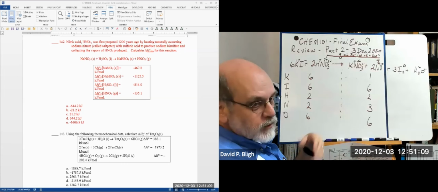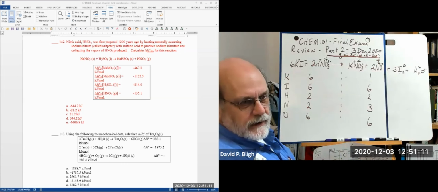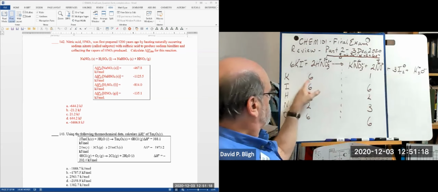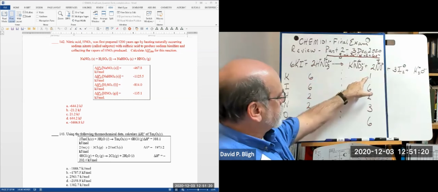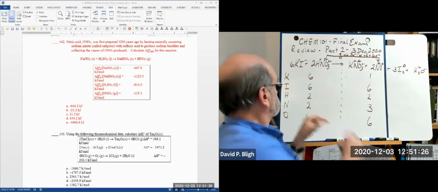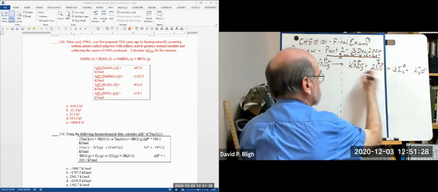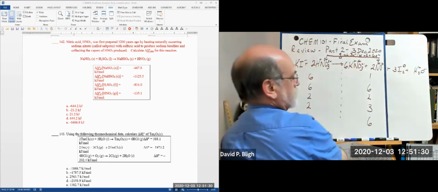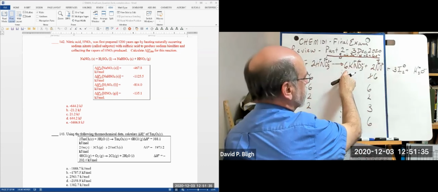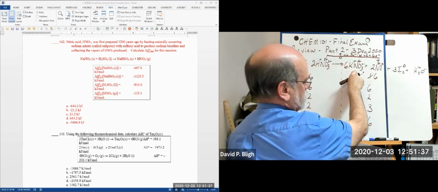All right, so where do we start next? Where do we go next? Let's see. I'm trying to think of the most efficient way. Well, we could do 6 potassiums here. But if we did 6 potassium, it would be 6 here, and then that would increase our nitrogens.